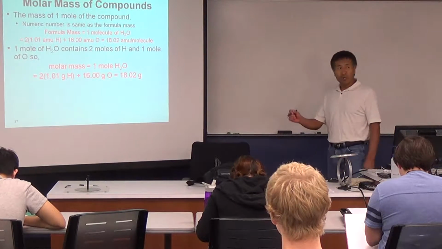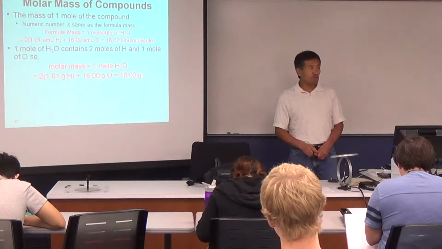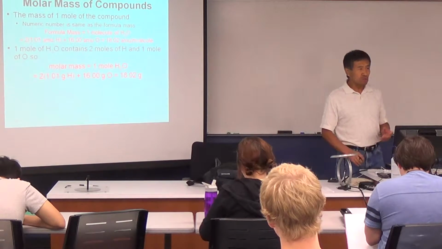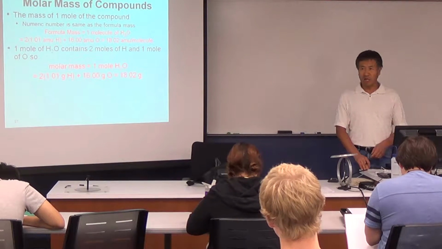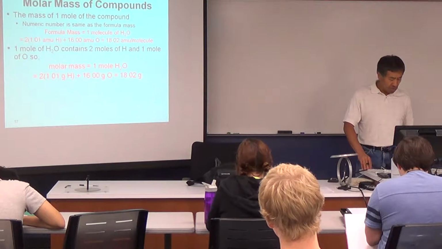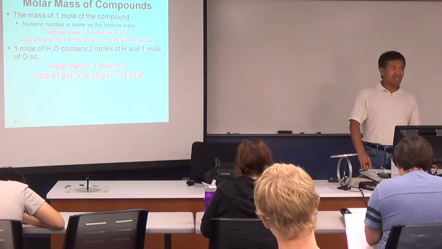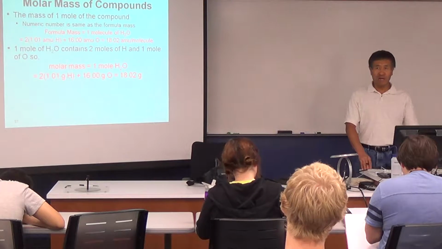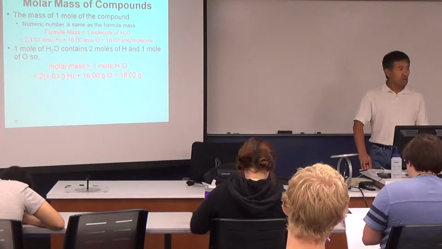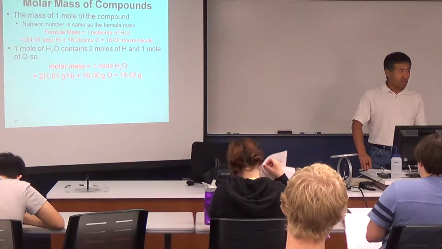So you take 2 times 1.01, very similar to what you did for the calculation for 1 water molecule. You do exactly the same, but your unit will be different, because this time you are calculating for Avogadro's number of H2O molecules, not 1 molecule.